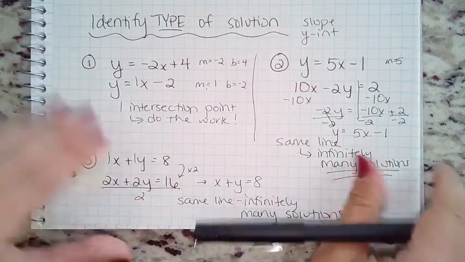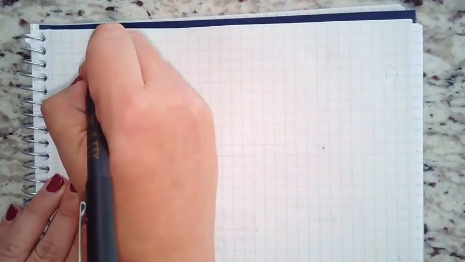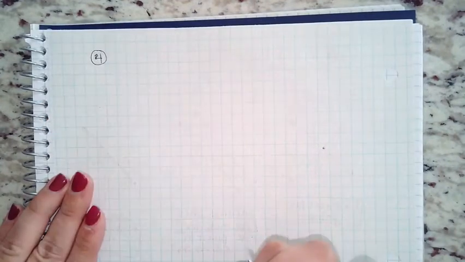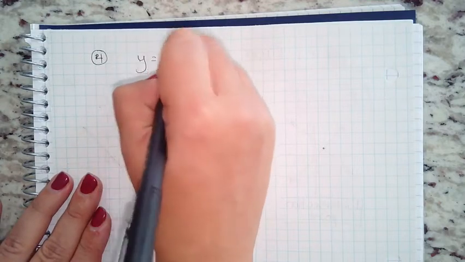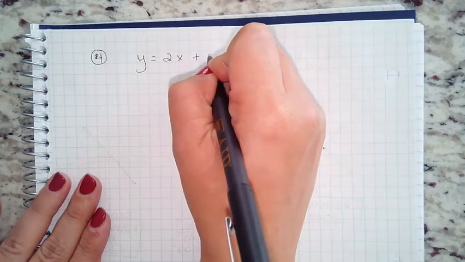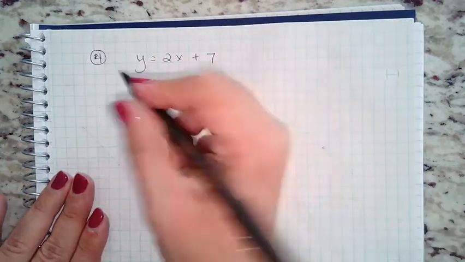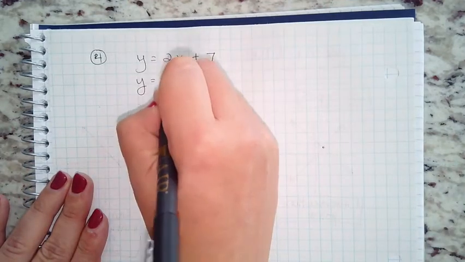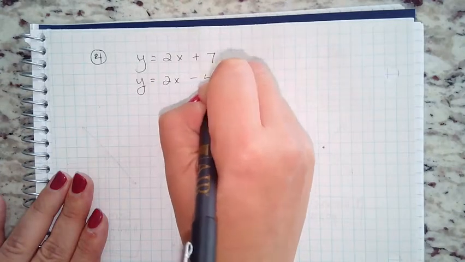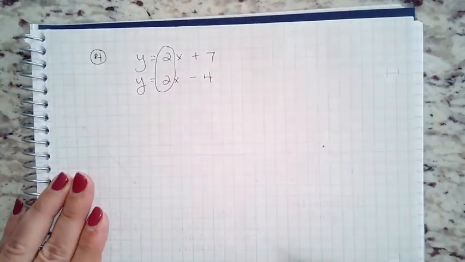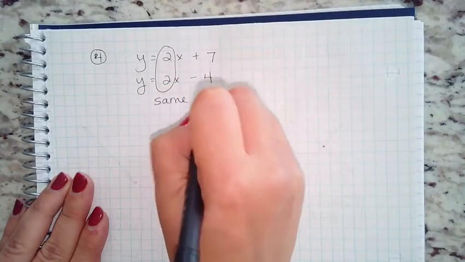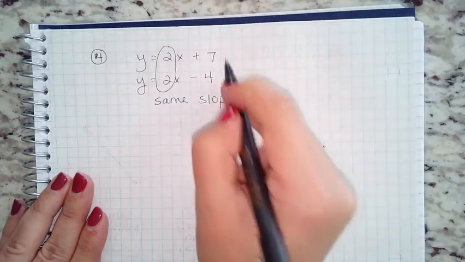Okay, let's look at one more example. That's number 4. And I have, let's say, y equals 2x plus 7. And what if I have y equals 2x minus 4? Well, what I notice about these is these have the same slope. These happen to be in y-intercept form.